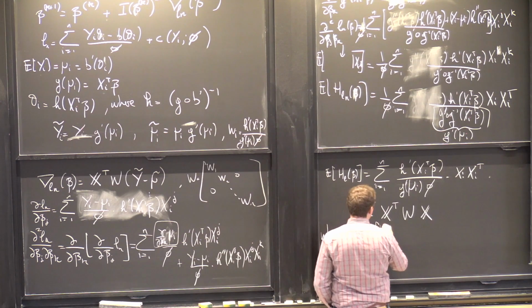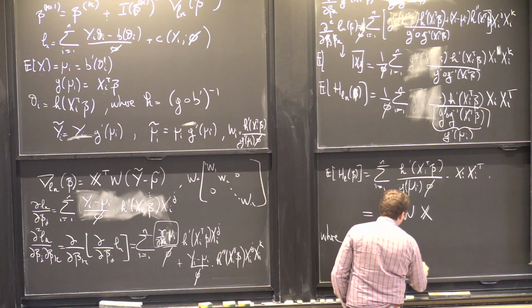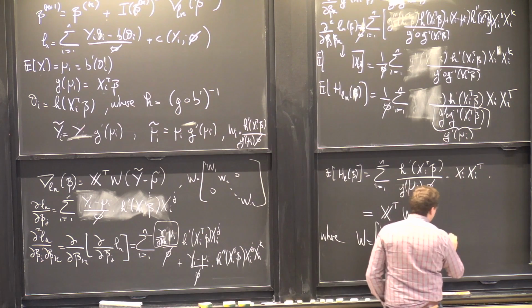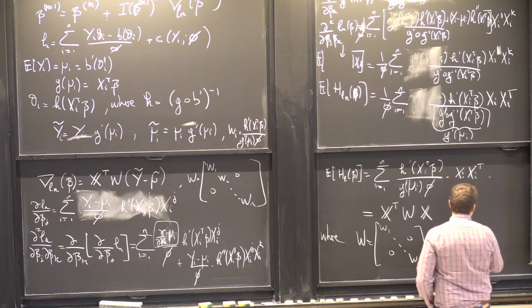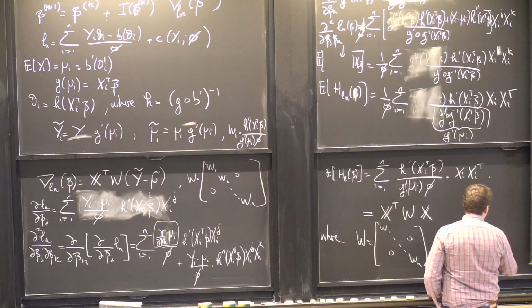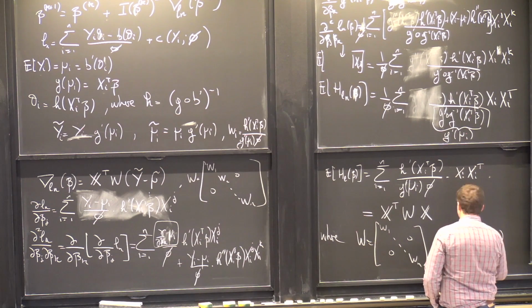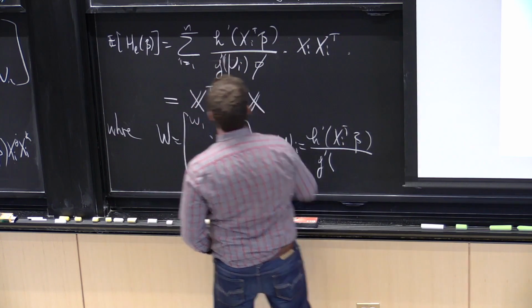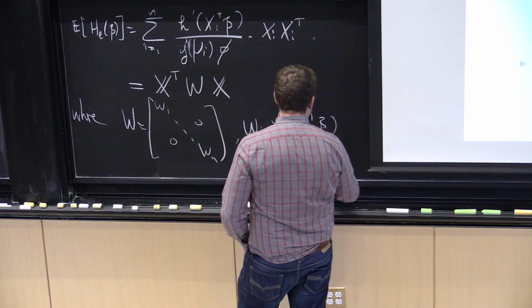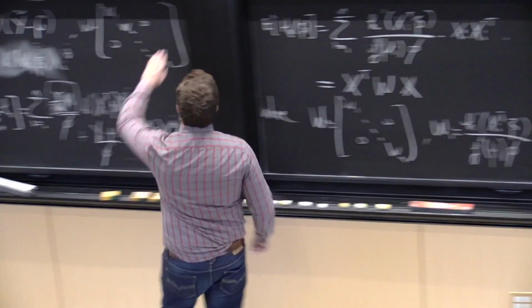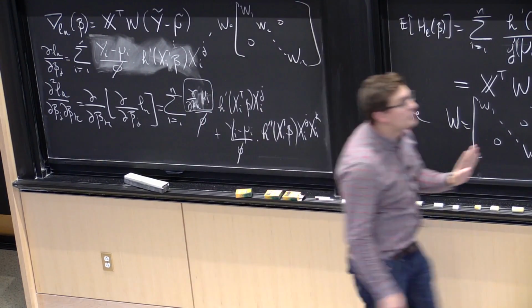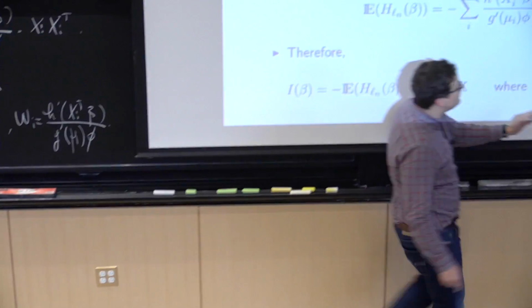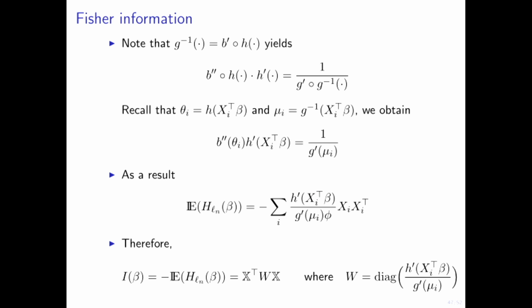So it's W1, ..., Wn, and Wi is h prime of xi transpose beta divided by g prime of mu i, times phi, which is the same that we had here. And it's supposed to be the same that we have here, except that the phi is in white. But it's not there. Okay.